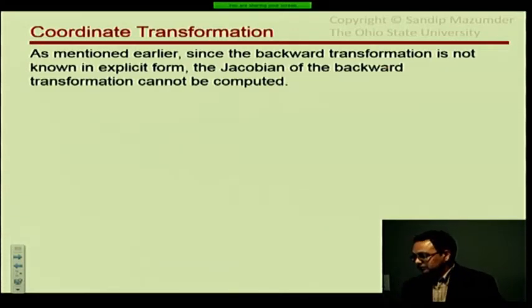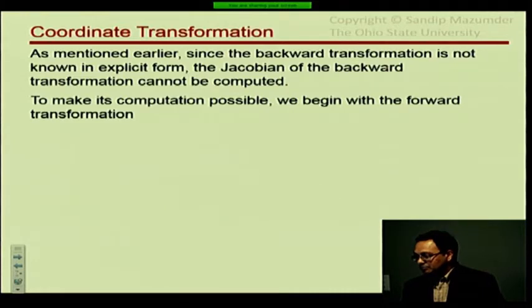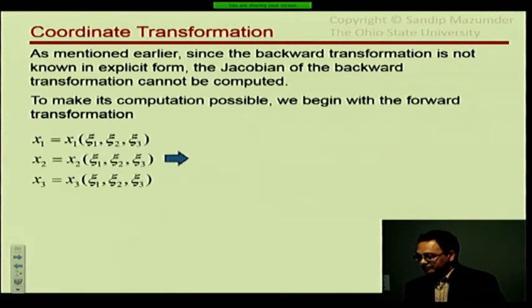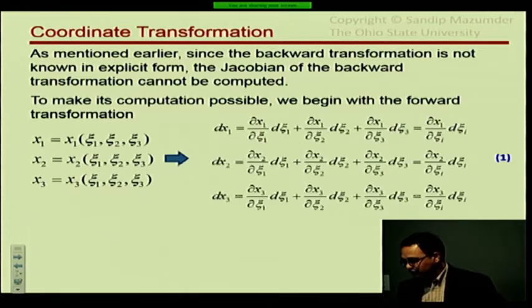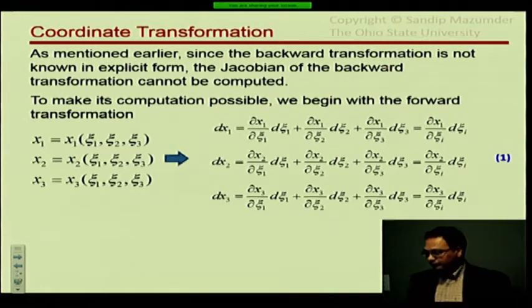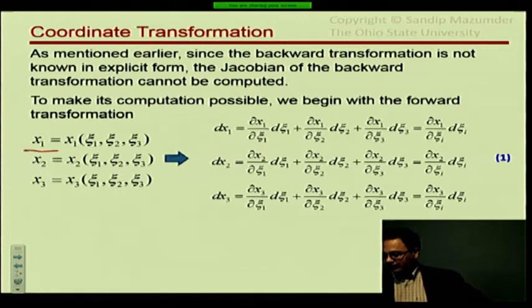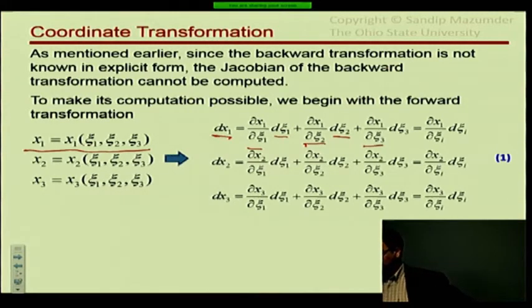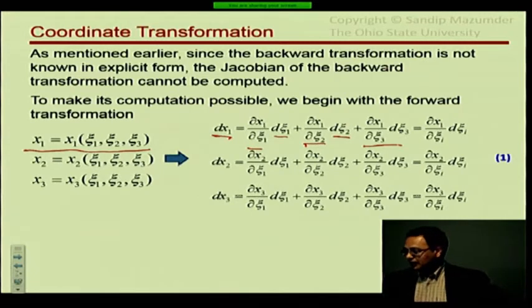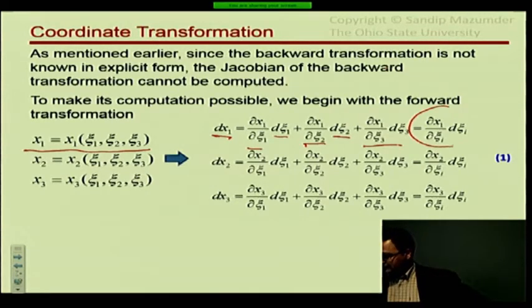To make that possible, what we do is we start with the forward transformation, and we again apply the chain rule. So if I have that relationship, I can say dx1 is dx1 d psi1 times d psi1 plus dx1 d psi2 times d psi2, and so on. Three terms. And what I have used here in the last is what's known as tensor notation.